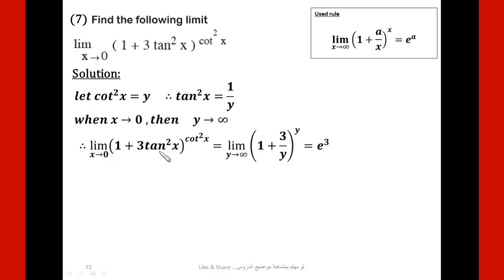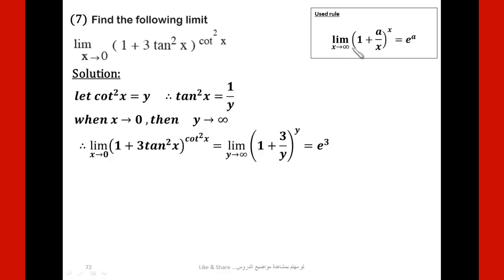Substituting tan square x by 1 over y, multiplying by 3, we got 3 over y. And cotan square x is equal to y, so the power here is y. What is the value of this limit? It is e power 3.